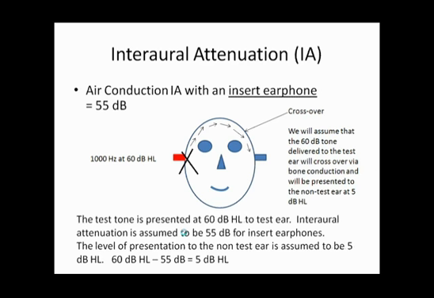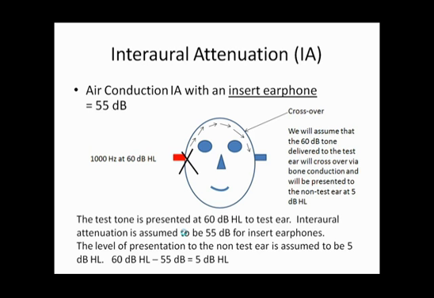So interaural attenuation now for insert earphones. Insert earphones that fit snugly into the ear canals if they're inserted correctly. We're going to assume that the air conduction interaural attenuation for an insert phone is actually 55 dB. So back to our example. What if we took a 1,000 hertz tone, presented it to the right ear, and we didn't know it was deaf, but it was presented to the right ear at 60 dB HL?